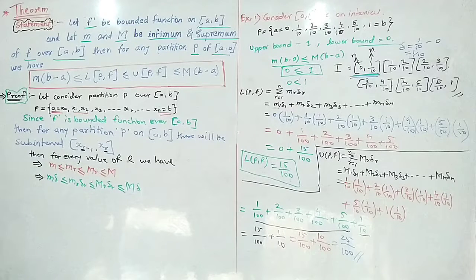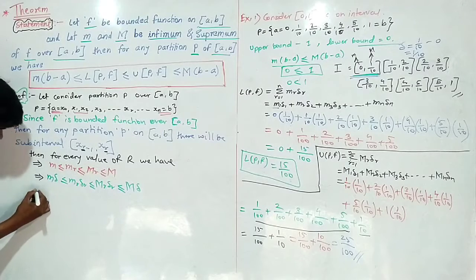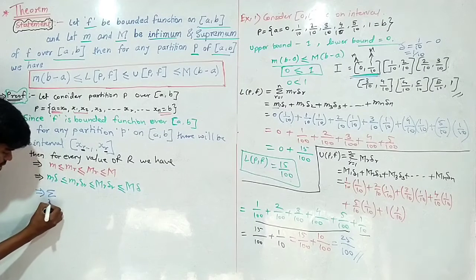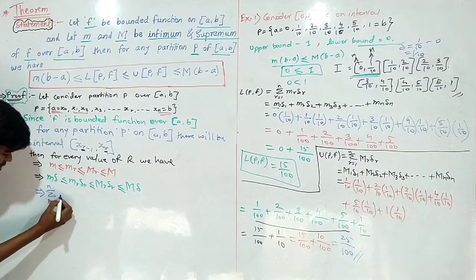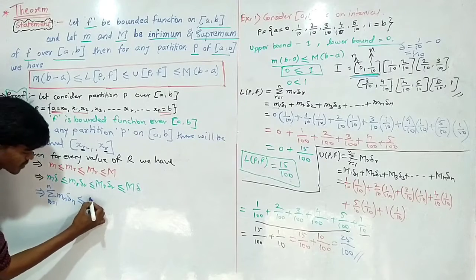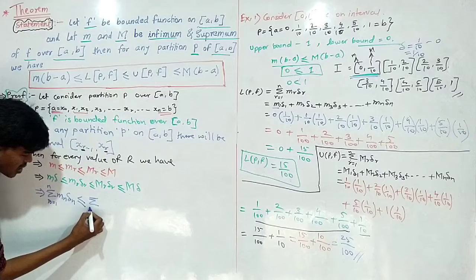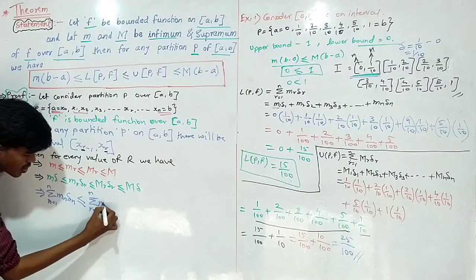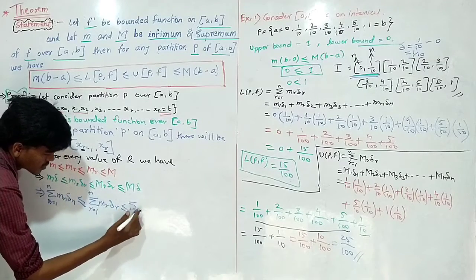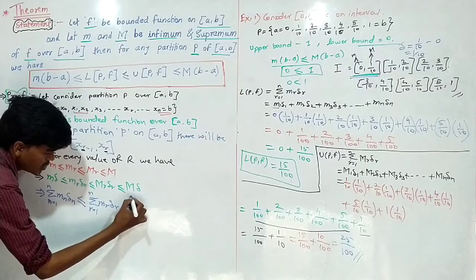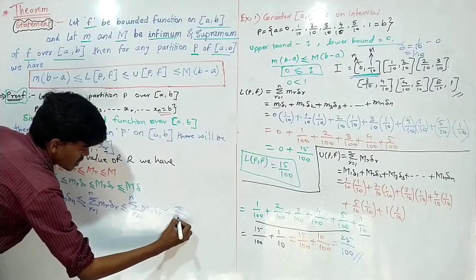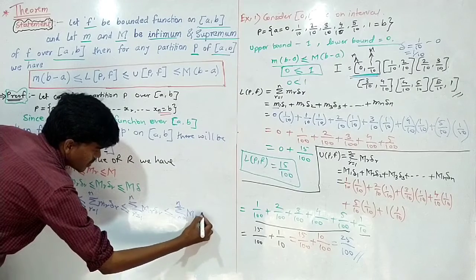These things we already defined: summation of r equal to 1 to n of small m_r delta_r, which is less than or equal to summation of r equal to 1 to n of capital M_r delta_r, which is less than or equal to summation of r equal to 1 to n of capital M into delta_r.